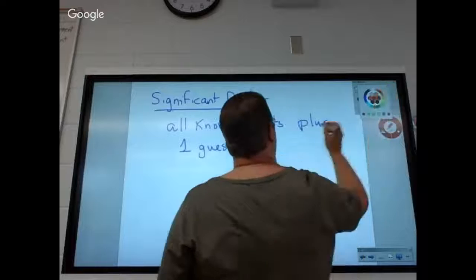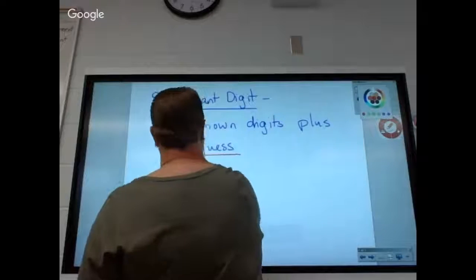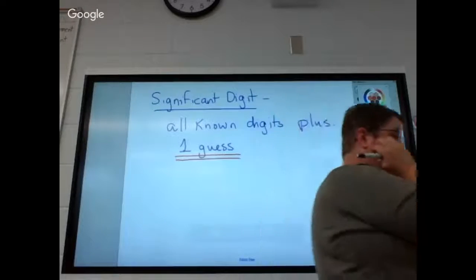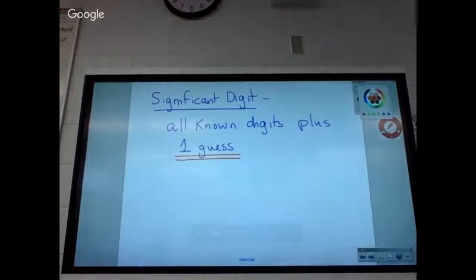And the piece I never make physical science students do is the guess. Sometimes students read equipment and they just innately add the guess. But most times students don't do this. And so we have to learn how to add the guess.